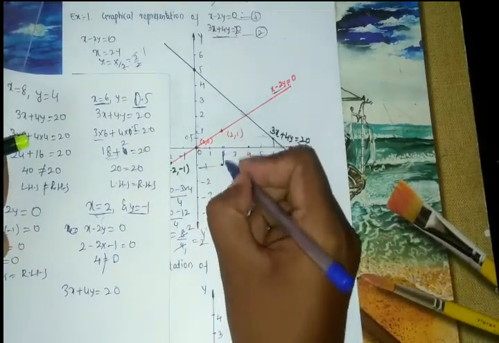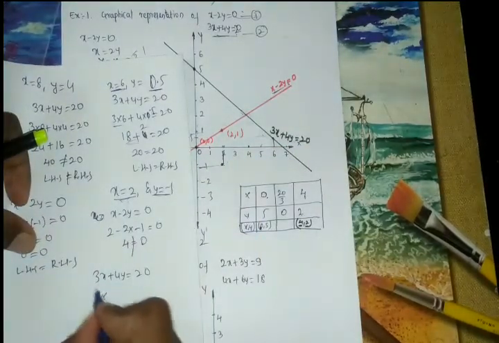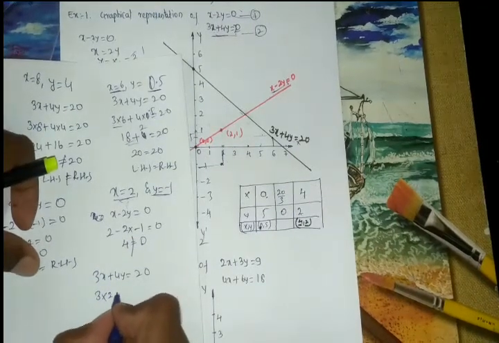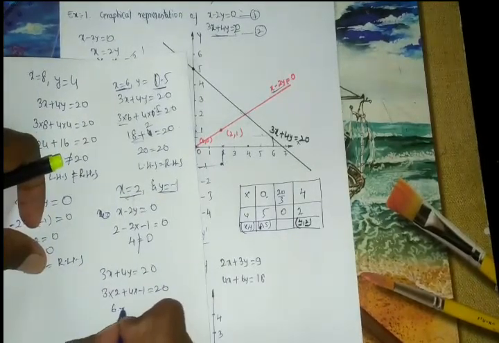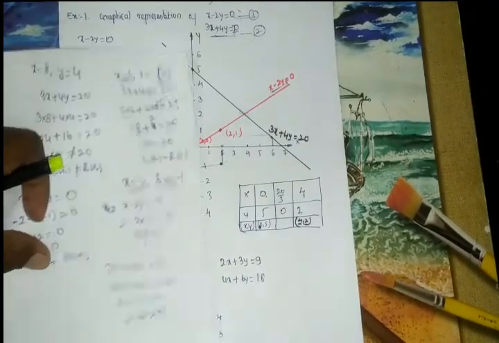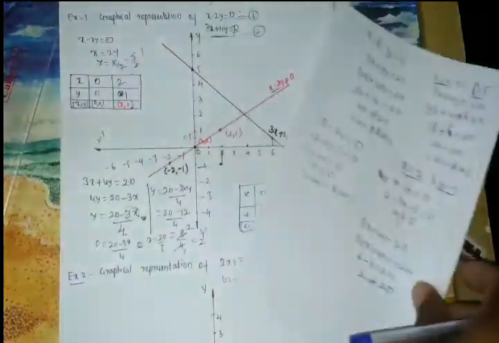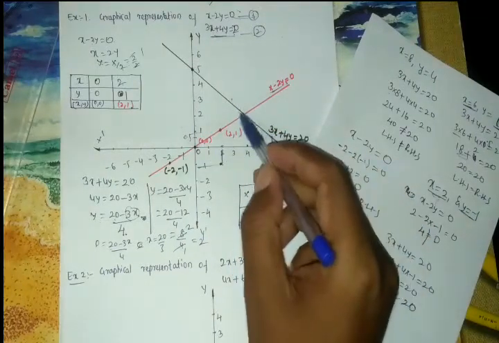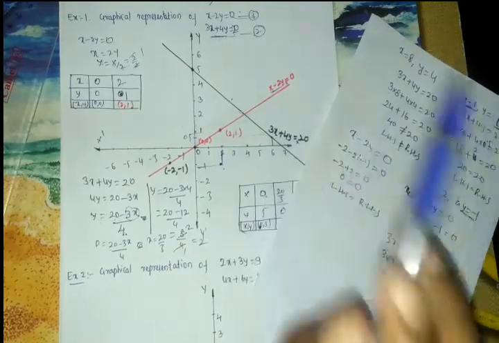So 3 into 2 plus 4 into -1 equals 20. So 6 minus 4, so 2 is not equal to 20. So clearly we can observe that if we take any random point other than points on the lines, it will not give us a solution, right?